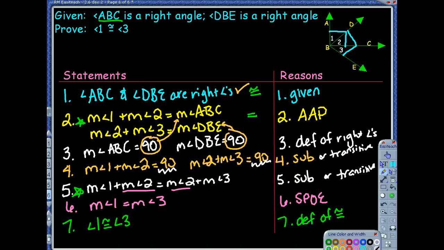The other thing I was thinking, after step 4, if we said those angles add up to 90, you could also think, well, what's true about angles that add up to 90? What kind of angles are those? Those are complementary. So you could have said angle 1 and angle 2 are complementary, angle 2 and angle 3 are complementary, which, when you have two angles that are complementary to the same angle, we could jump right in and say they're congruent.